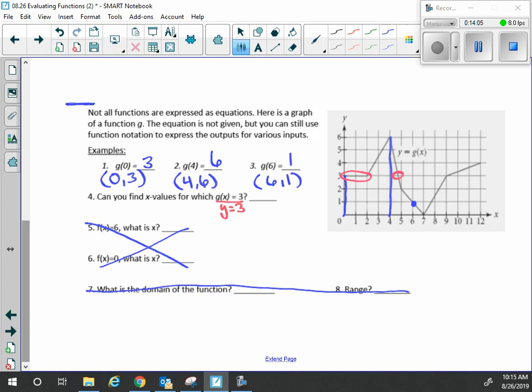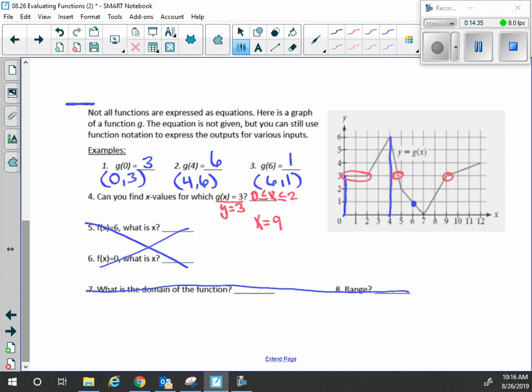Again here in between 4 and 5, and where else? 9. So it touches in multiple places. I know for sure at 9. How can I represent something that touches the entire way from 0 to 2? 0 is less than or equal to x is less than or equal to 2. It touches the whole way across.